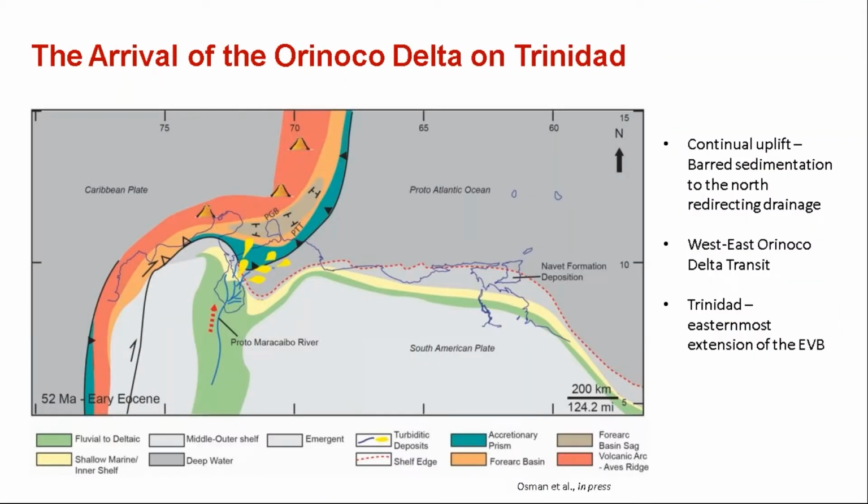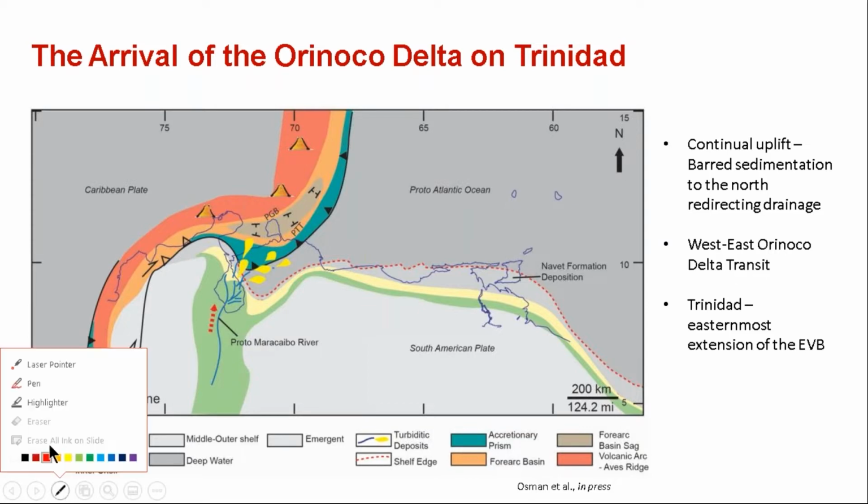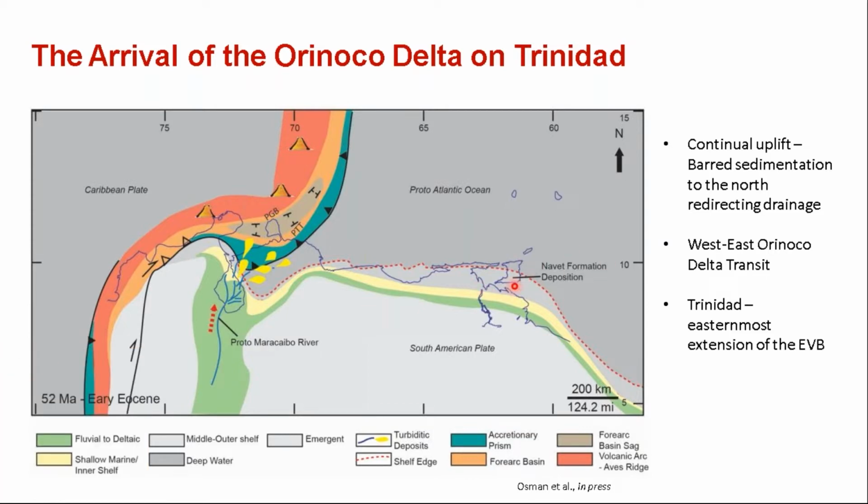So just to highlight the study area, Trinidad is located on the image on the northern boundary of South America, located here. Until the Oligocene, Trinidad was largely under passive margin conditions, and the entire northern margin of South America was impacted through a series of diachronous phases of tectonics.